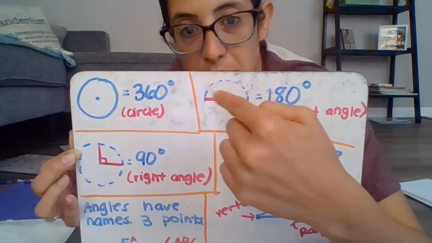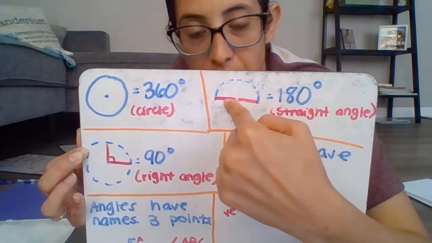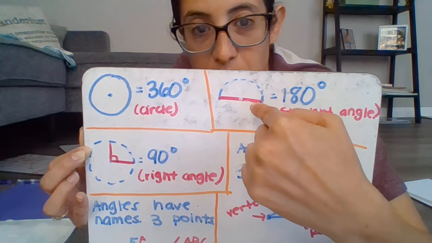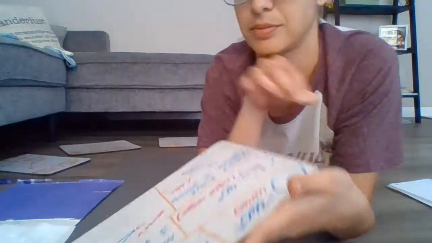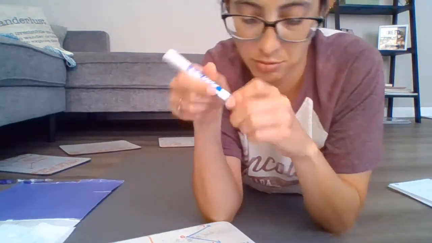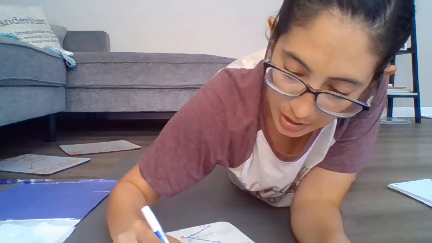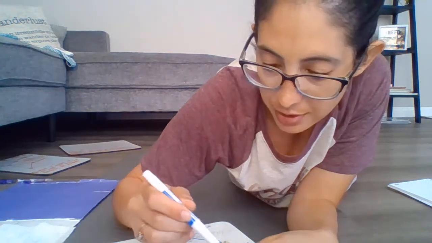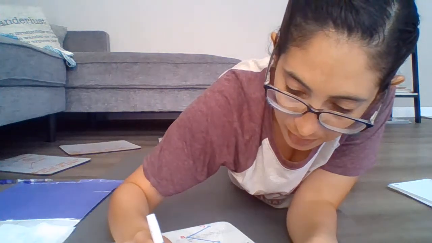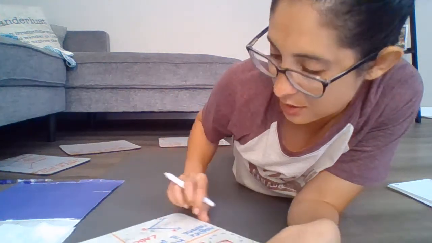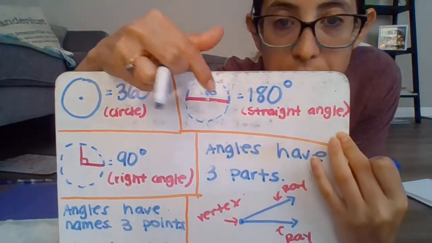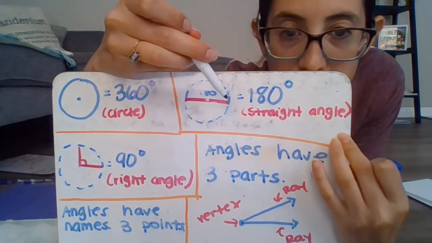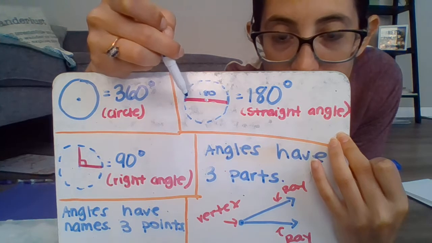Okay, so if this right here is 180, what can I say about this? So this angle right here is 180.